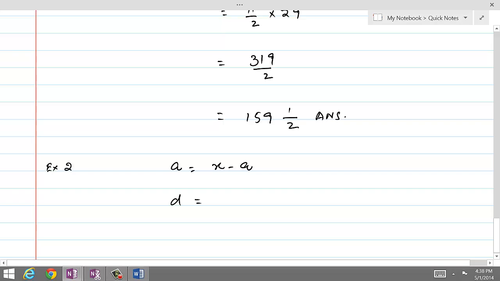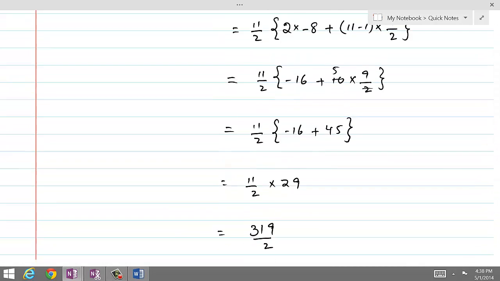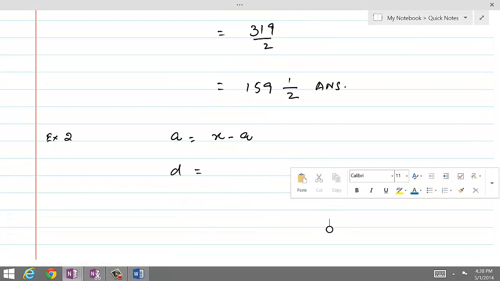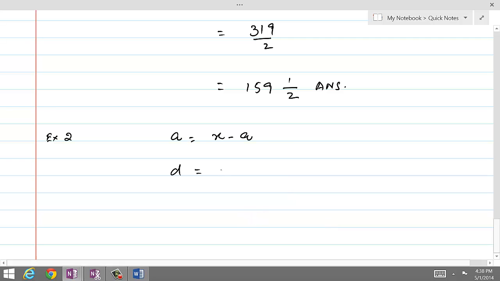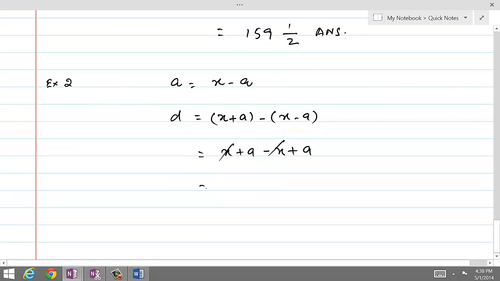We can calculate it by subtracting the first term from the second term. The second term is x plus a minus x minus a, the first term. This would give us x plus a minus x plus a. Minus x and plus x will get cancelled, and this will give us the value of d as 2a.